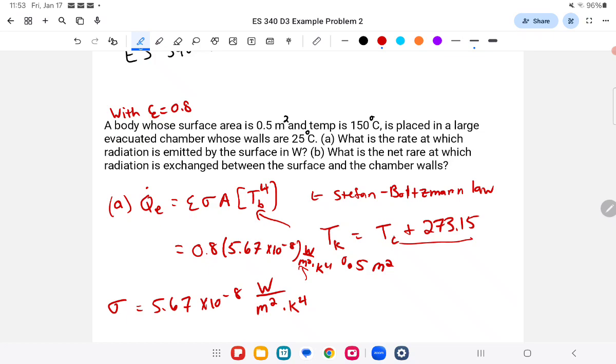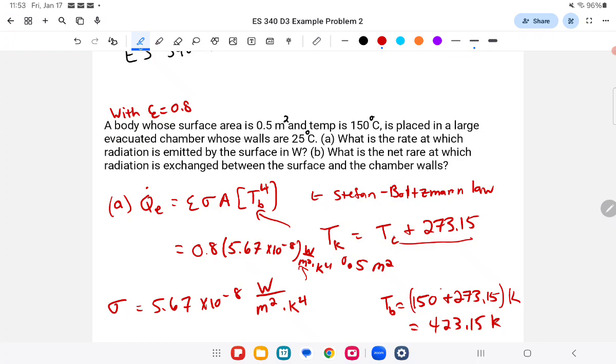And the temperature is the only thing we actually have to convert. So the temperature of our body is going to be 150 plus 273.15 Kelvin, which is equal to 423.15 Kelvin.